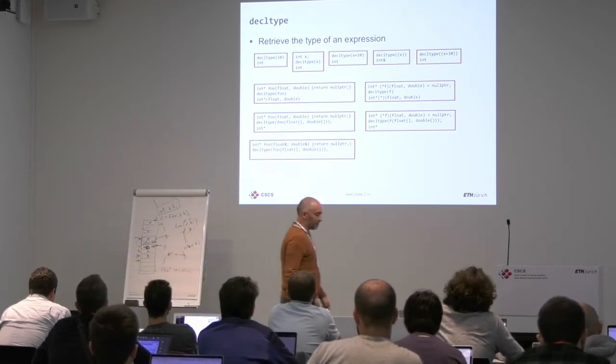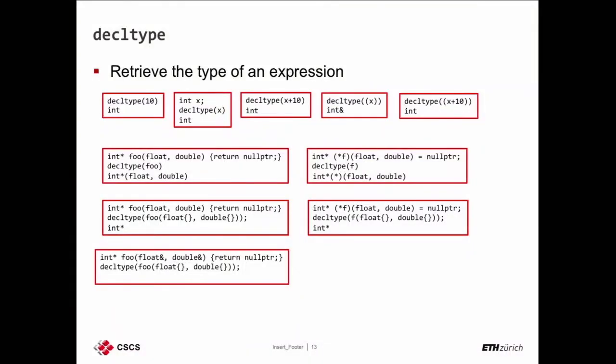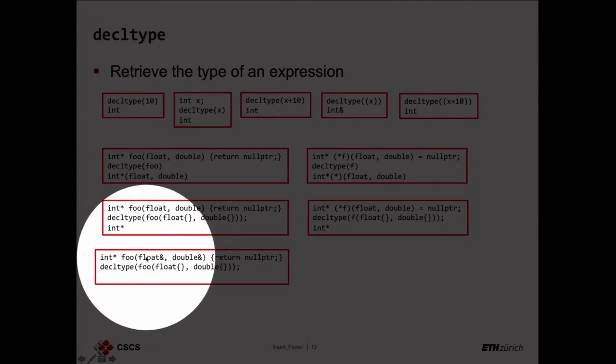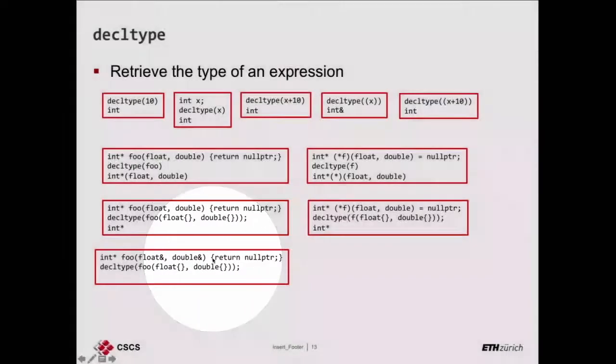But here, what happens? Now I changed my function foo into something that instead of taking a float and a double, takes a reference to a float and a reference to a double. Does it work?